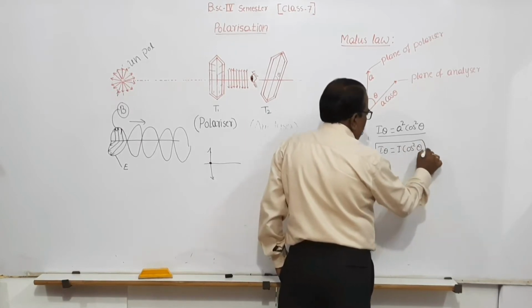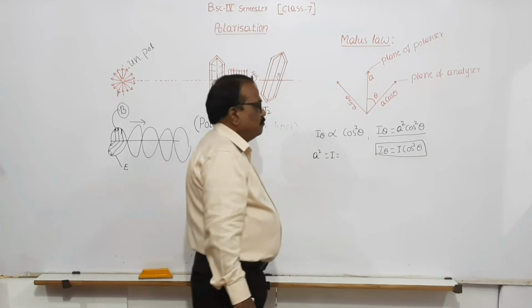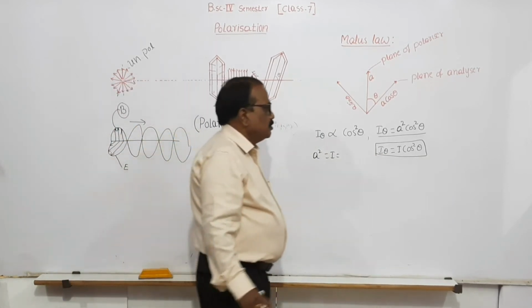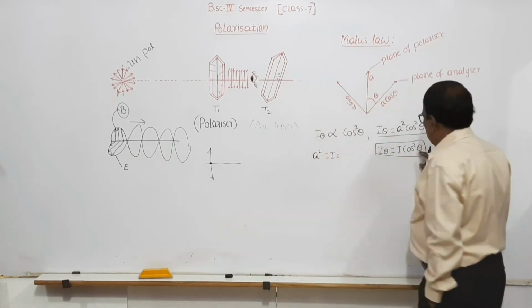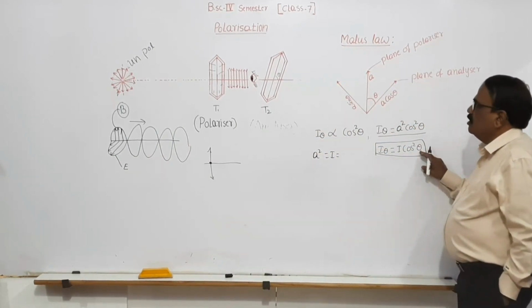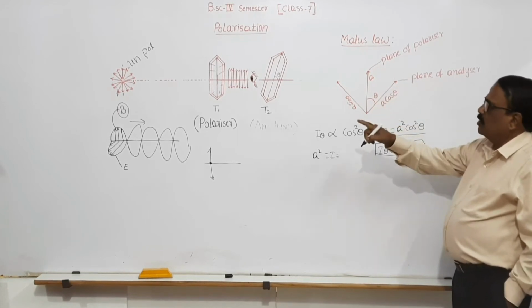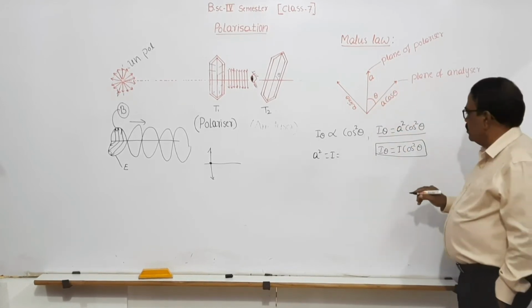This is your Malus law. Then we have to discuss special cases depending on this theta. Theta is the angle made by the plane of the polarizer and the plane of the analyzer.